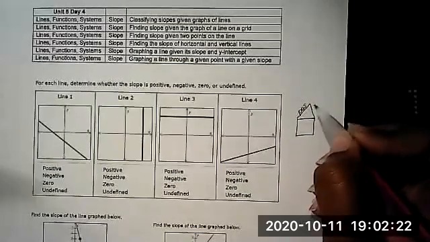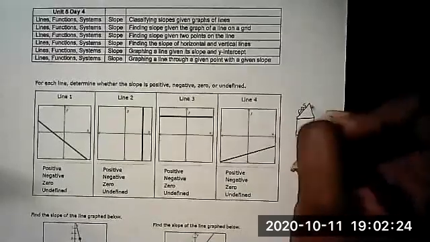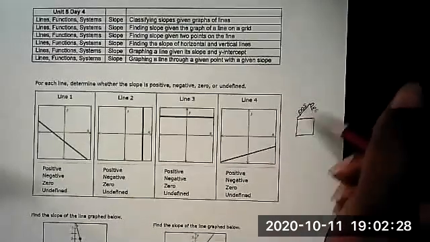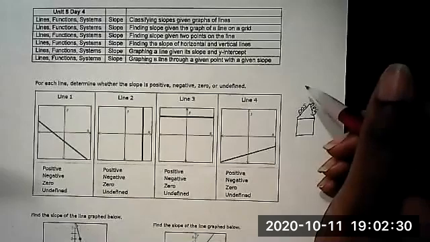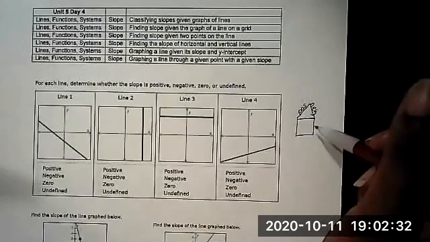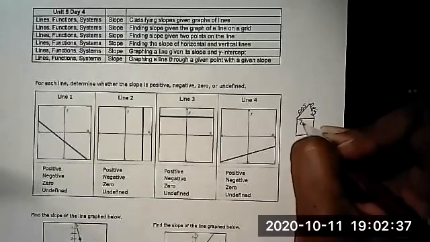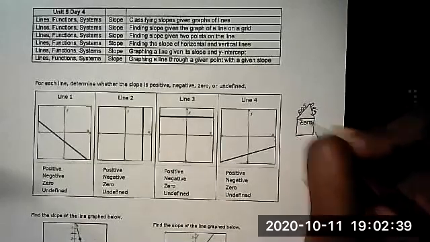Starting from left to right, moving up is positive. Down here is negative. So if you have a line that looks like that, it'll be a positive slope. If it has a line that looks like that, it'll be a negative slope. If it's straight across, that one has a 0 slope, okay? And if it's up and down, it's undefined, okay?